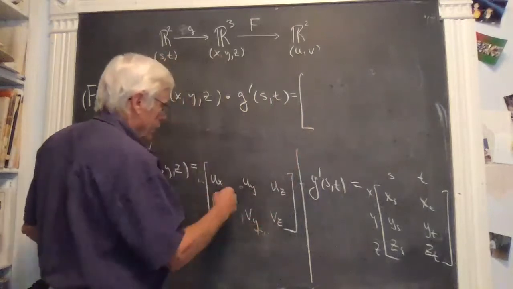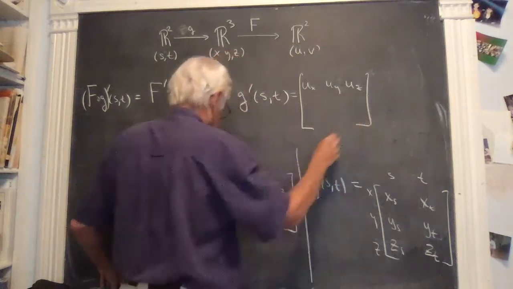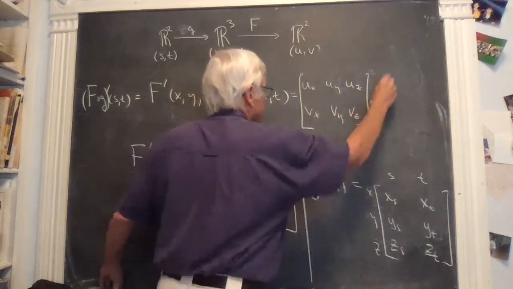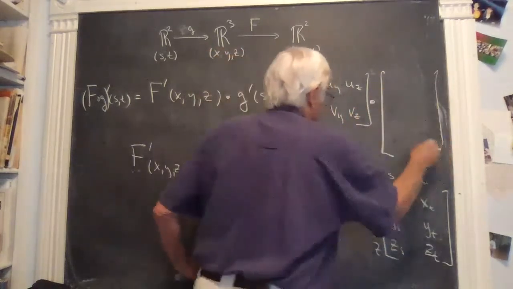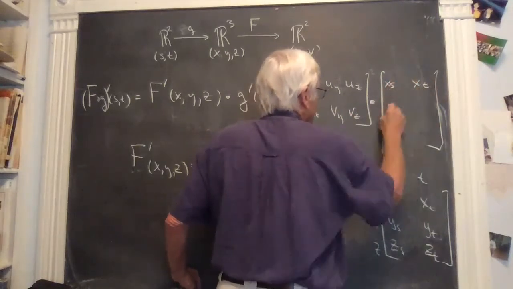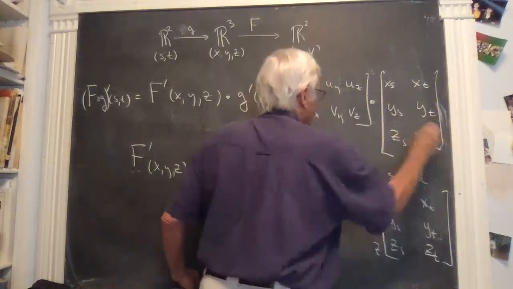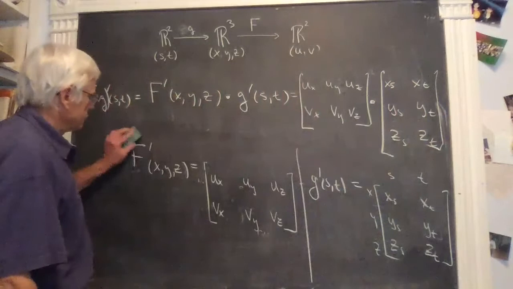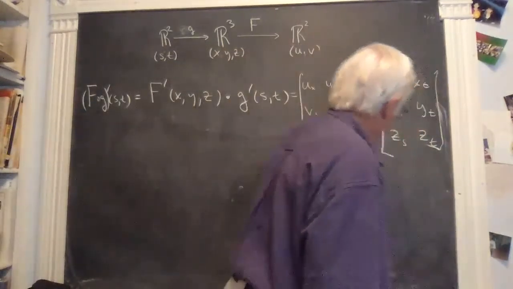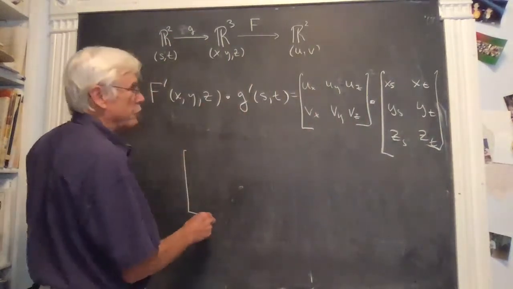So it means take this matrix, u sub x, u sub y, u sub z, v sub x, v sub y, v sub z, and multiply by this matrix, x sub s, x sub t, y sub s, y sub t, z sub s, z sub t. So the formulas we get when we multiply the whole thing out, this will be a 2 by 2 matrix.